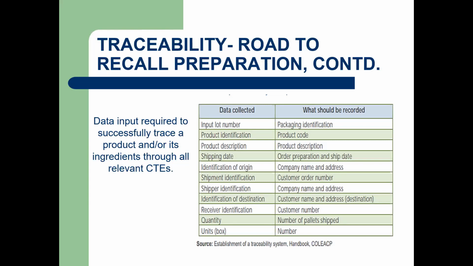If your facility has a product code, product description, then a shipping date. This is an in-process example, like what information you need during the processing state. This is just one little chunk of the big supply chain. Quantity: how many pallets are being shipped, how many lots have gone. Excuse me.